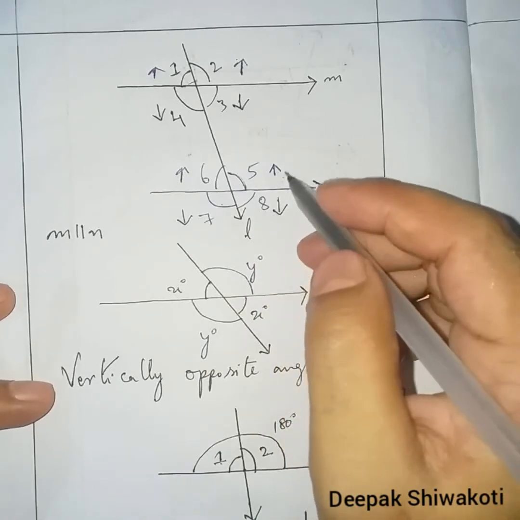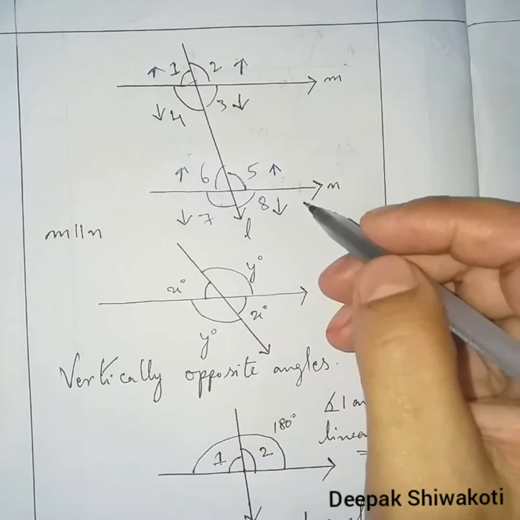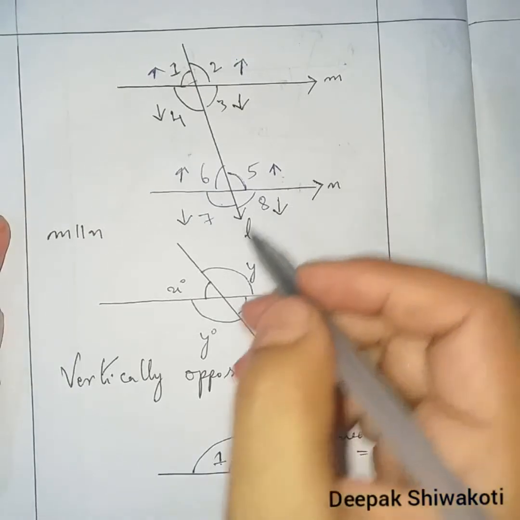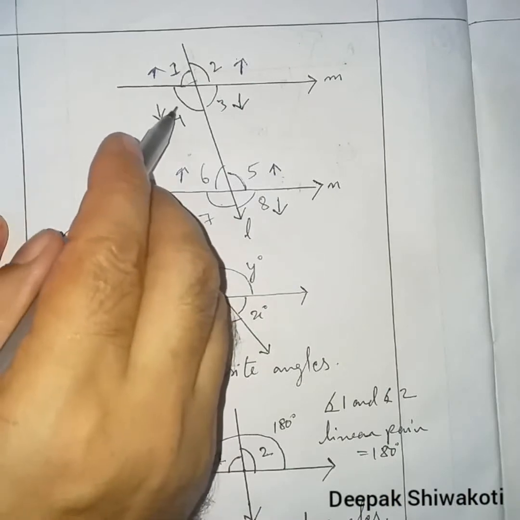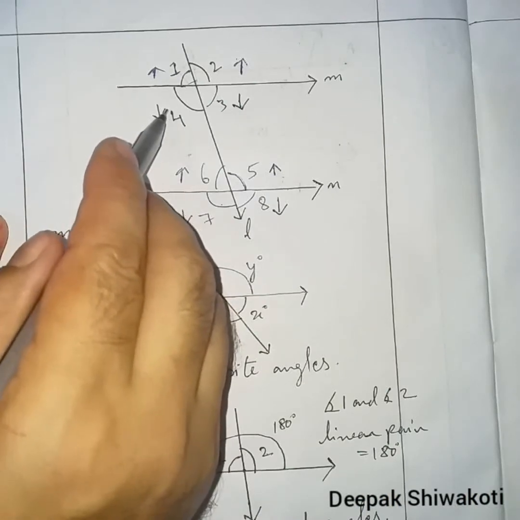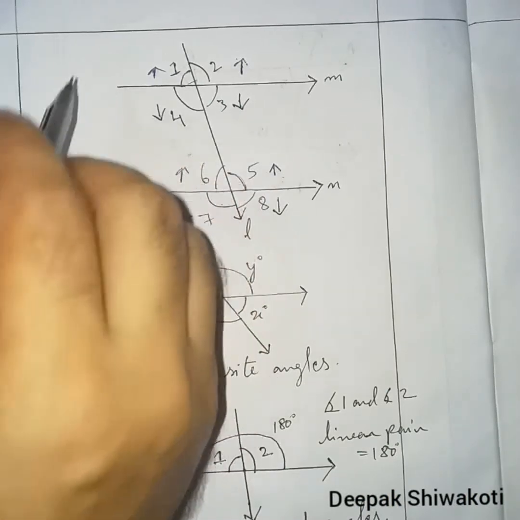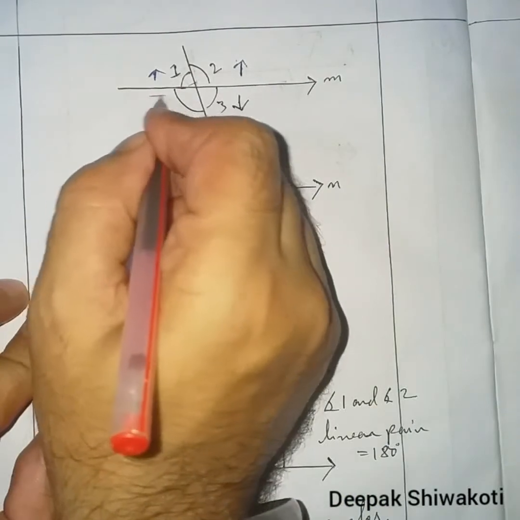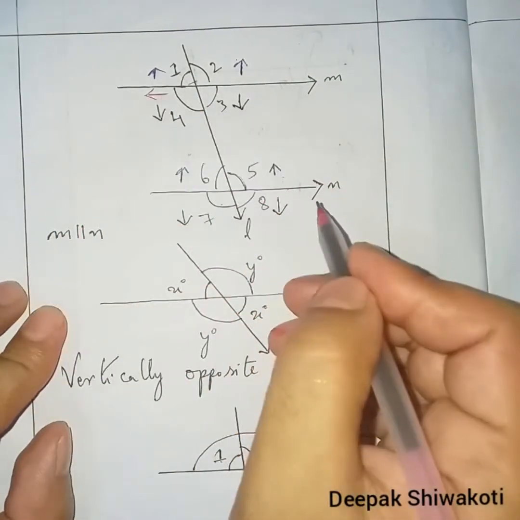Now next is alternate angles. Alternate angles means this angle, suppose angle 4, with this pen I can show you. Angle 4 is facing this side, isn't it?